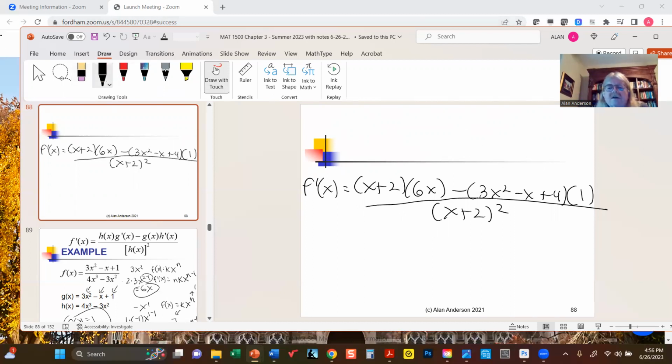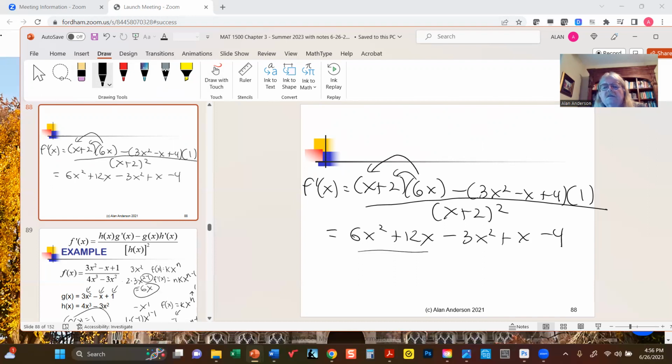All right, so let's at least see what happens when we multiply these out. 6x squared plus 12x. Now here, remember, we're subtracting all the terms in these parentheses. Multiplying by 1 doesn't change anything. Minus 3x squared plus x minus 4.